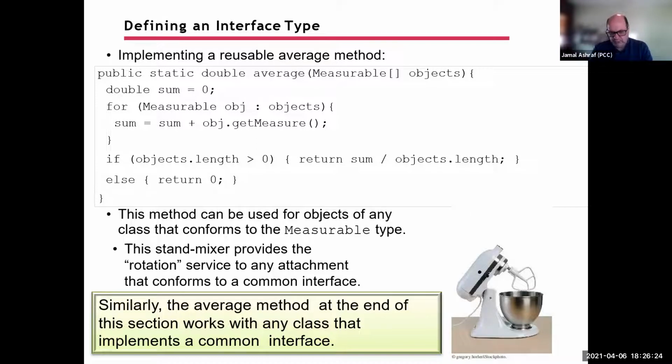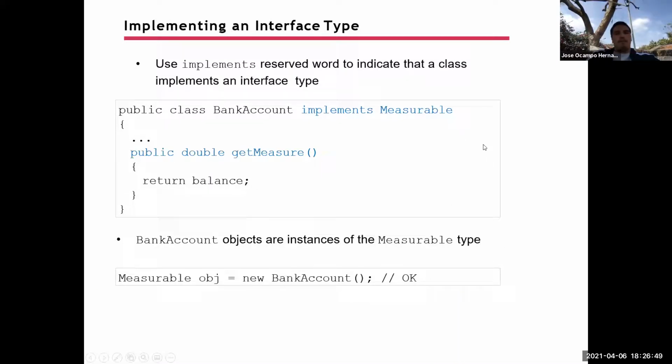I'm going to give you a service that you can use as long as you tell me what I need. Remember, we created Measurable as an interface. So anybody who wants to use my average has to implement Measurable.